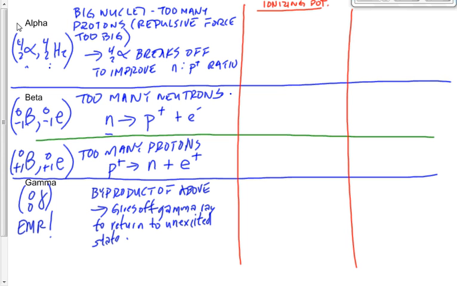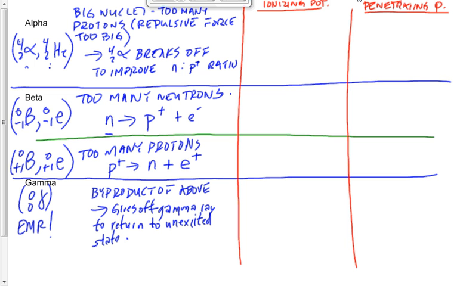They all can ionize atoms, but some are better than others. The second one that we're going to talk about is the penetrating potential, or the penetrating power. They all have the ability to go through matter. Some of them go through matter better than others.